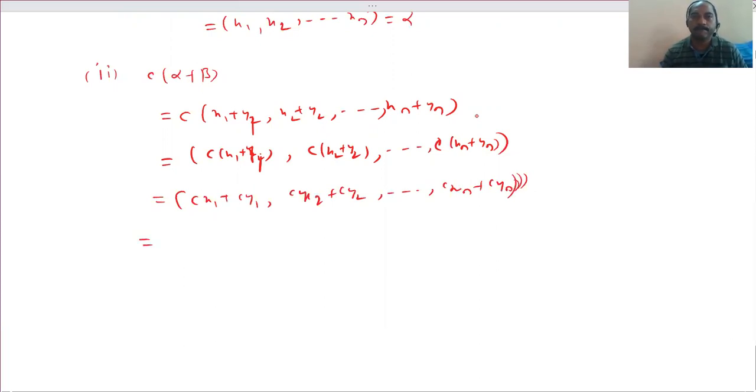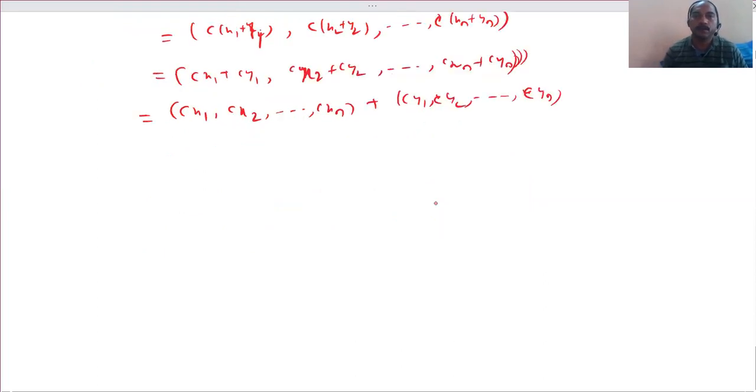Now, once again using the property, it is written as Cx1, Cx2, and so on, Cxn, the first vector, and the second vector Cy1, Cy2, and so on, Cyn.